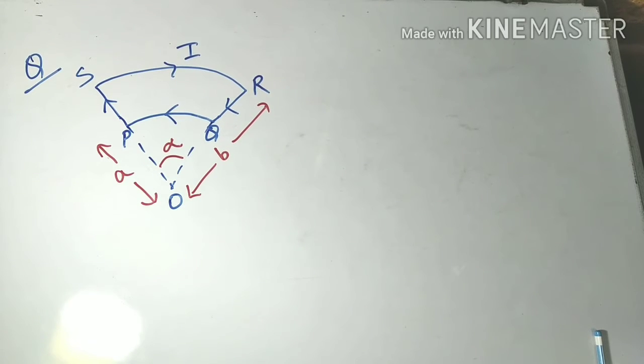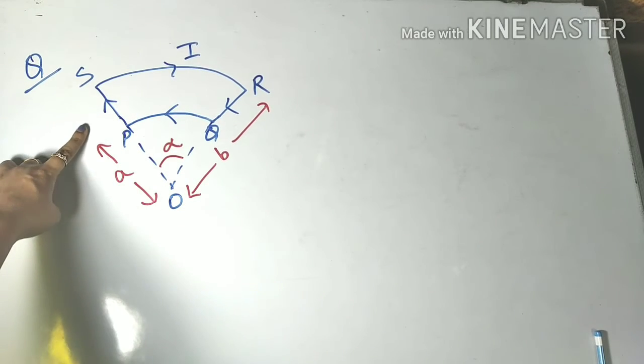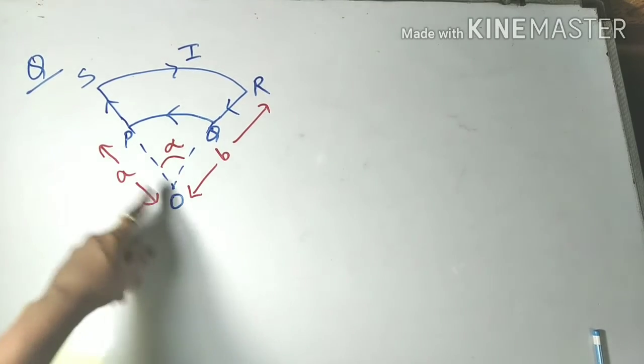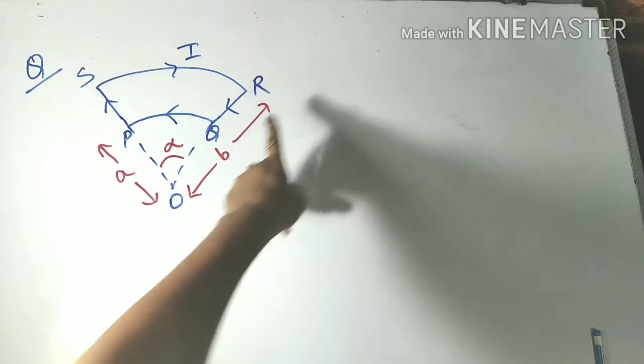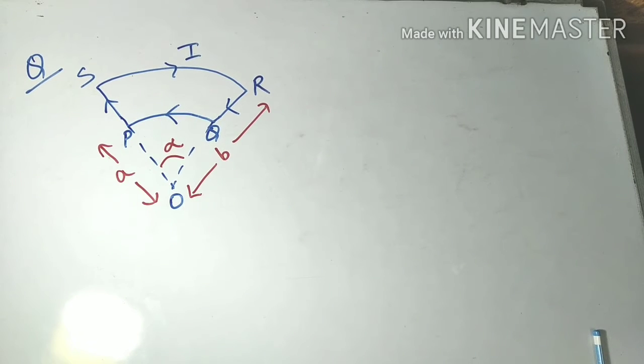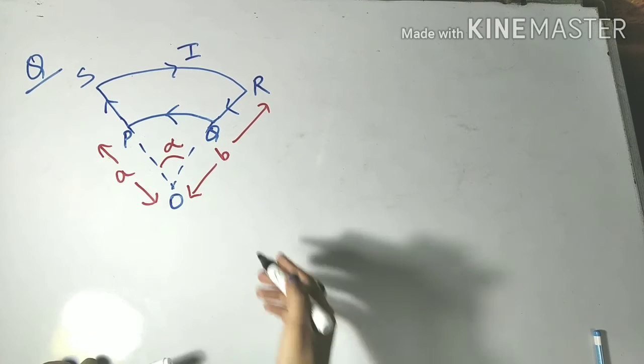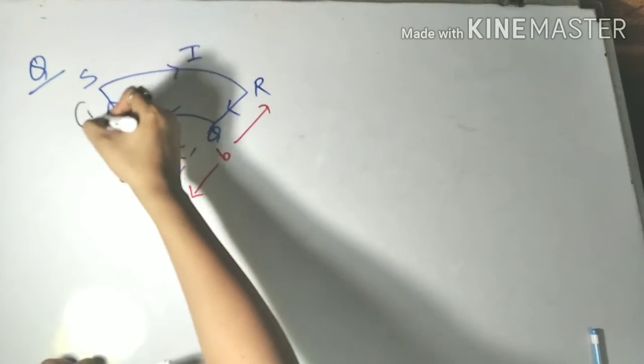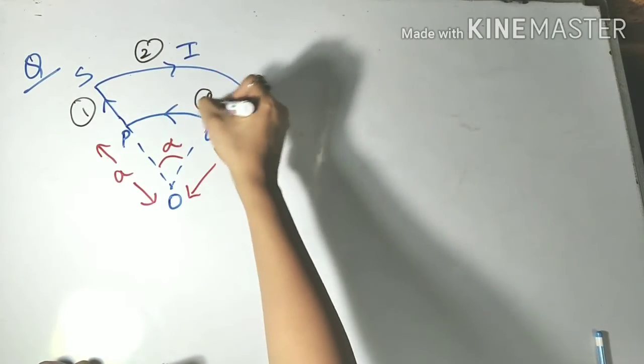So here is the next question. This is again we are taking a few arcs and we need to calculate the magnetic field at a point O. For this arc my radius is A, and for this arc my radius is B. Now start calculating the magnetic field at a point O. So again I am going to divide it into 4 parts. Let us suppose this is my part 1, 2, 3 and 4.